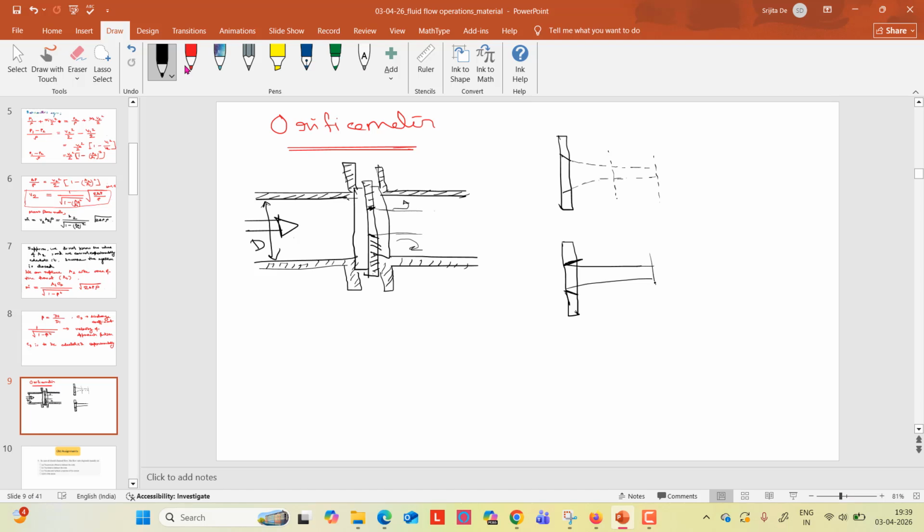So here the fluid is like this. So vena contracta diverging out is required. So it has to be diverging out, not like this.